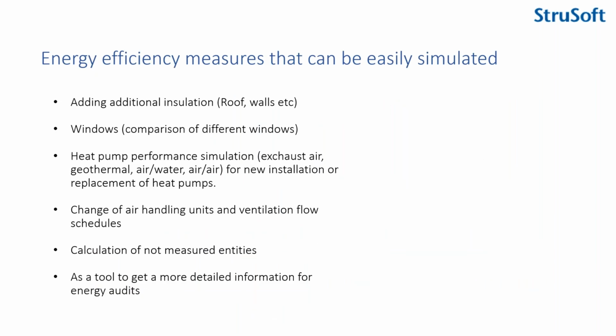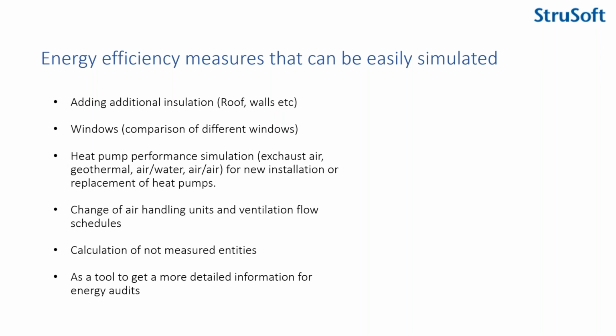Here are some examples of energy efficiency actions that can easily be simulated in BIM Energy. We start with creating the energy model of the existing building as it looks today. And then we create different alternatives with the different actions that we want to try, to see the energy savings from the alternatives. So for example, we can add additional roof insulation.